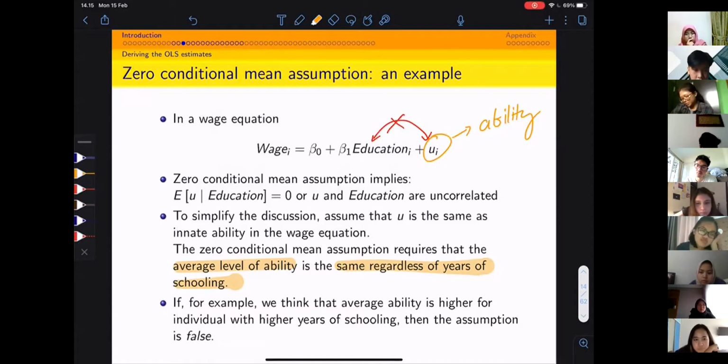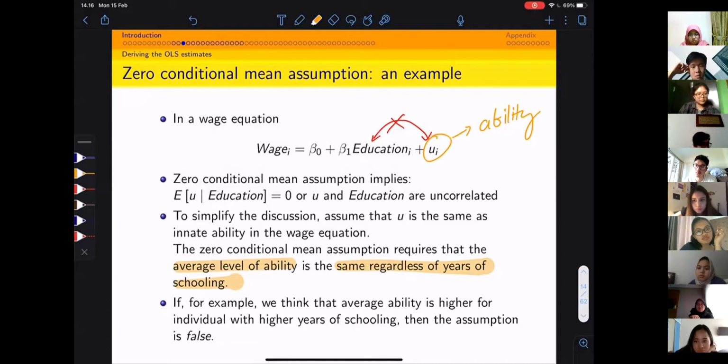Do you think that there is a correlation between ability and the years of schooling, or there is no correlation between ability and years of schooling? Any thoughts? Yes, I guess there is, sir, because some people drop out of school because they fail. Yeah.